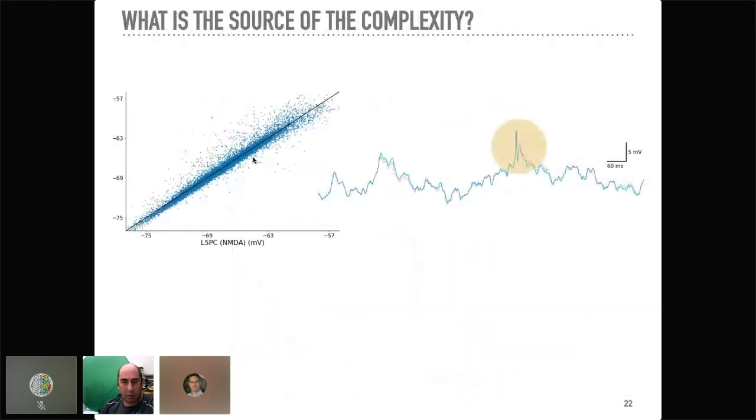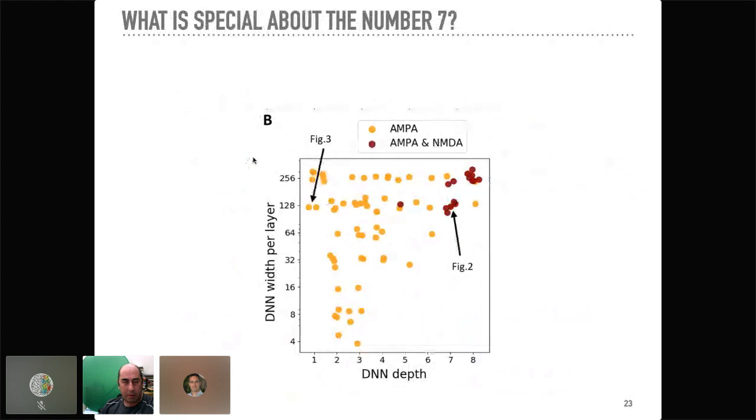One question you can ask me is what's special about the number 7? To address that, we made many simulations with many network sizes, depths, and numbers of neurons. What you can see is that if you have AMPA and NMDA, you have a cluster of networks that requires about 7 or 8 layers.